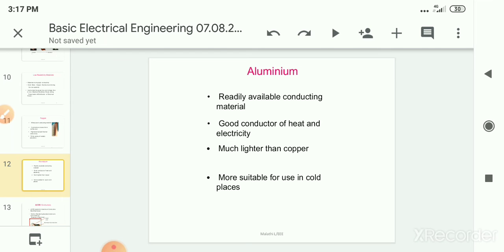Why? Because aluminium is silvery in color and it has very good electrical conductivity, but not like copper. It is the next rank after copper.